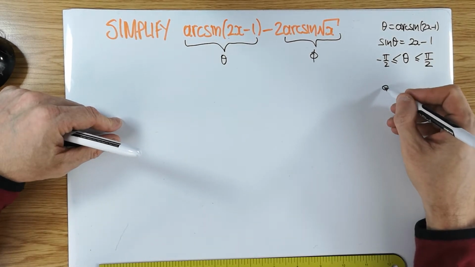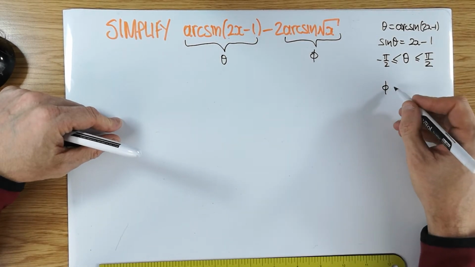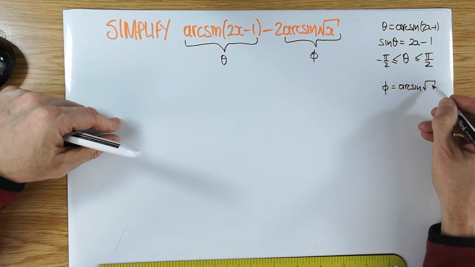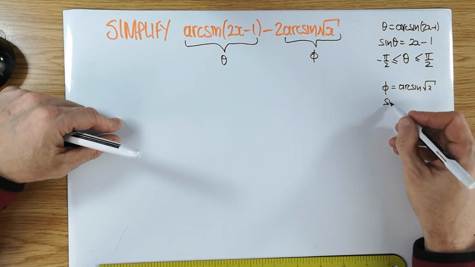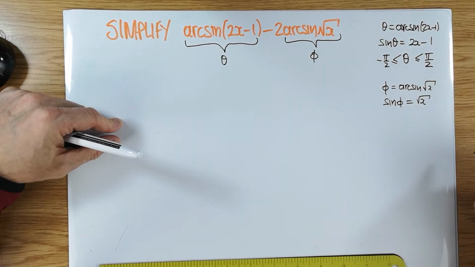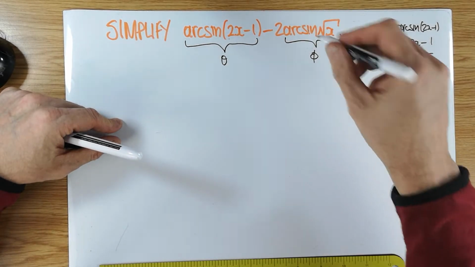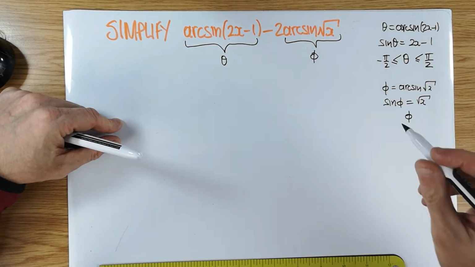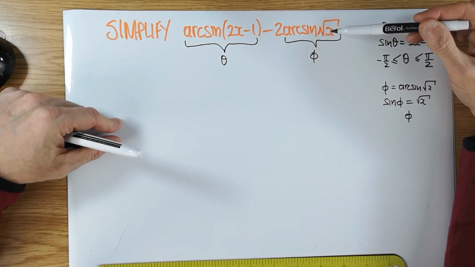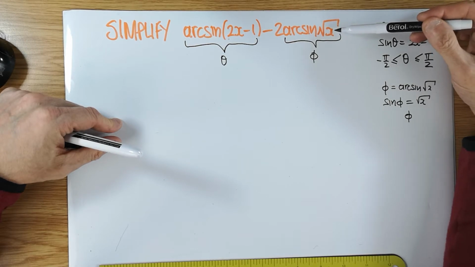Now we're going to look at the arcsine of the square root of x. We called it phi. So phi is the arcsine of the square root of x, and therefore the sine of phi will be equal to the square root of x. And what can we tell about phi? What values can we get for phi? Because we're putting in only positive numbers and we need a valid output, we can only put x between 0 and positive 1.